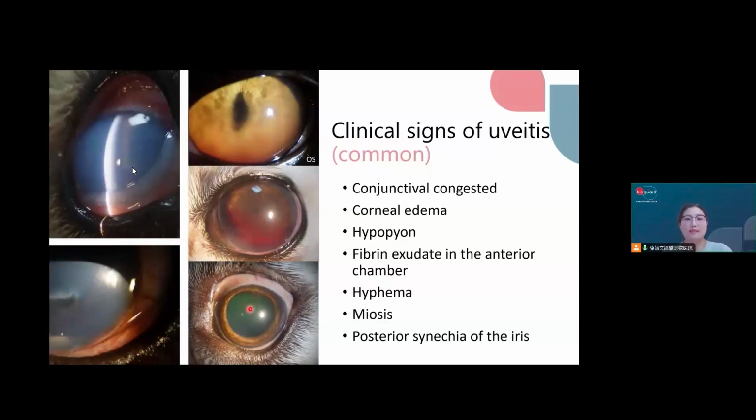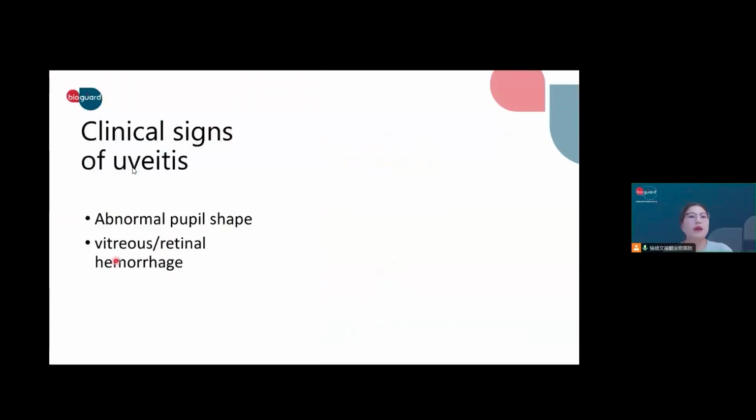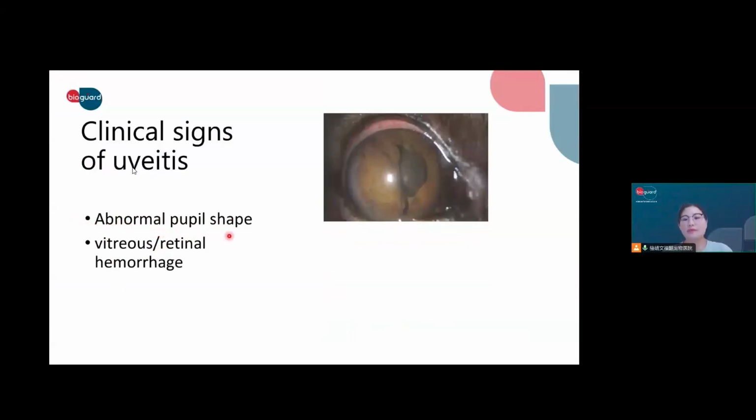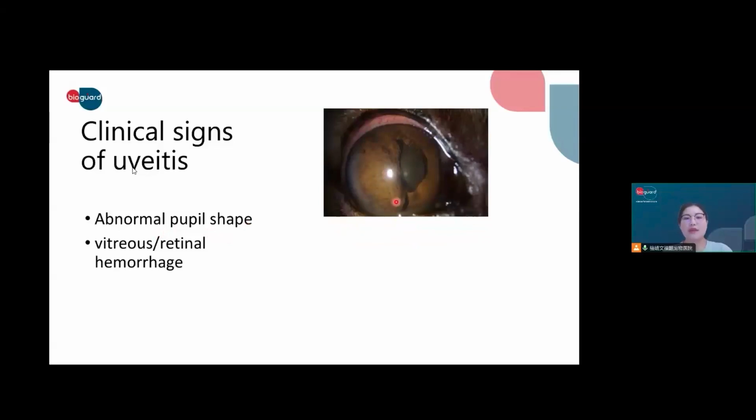Here, this is the posterior synechia. And sometimes you may encounter abnormal pupil shape, like in this picture. In this image, the irregular pupil is caused by a melanoma of the iris.